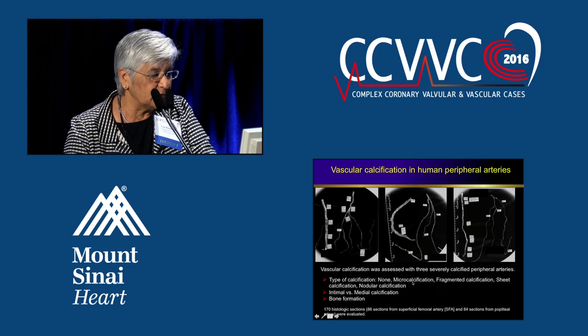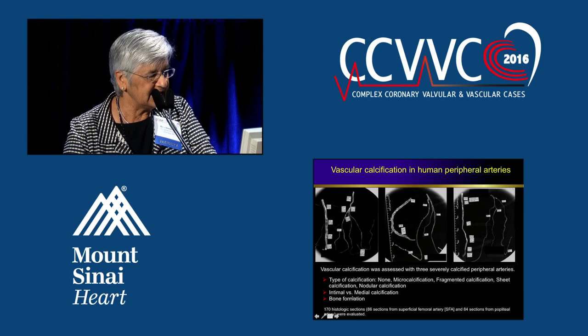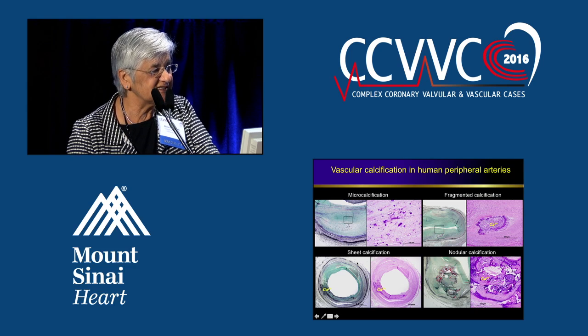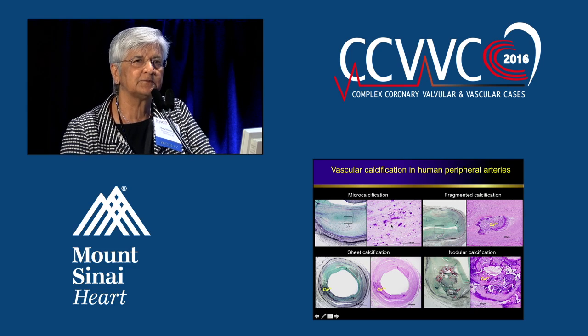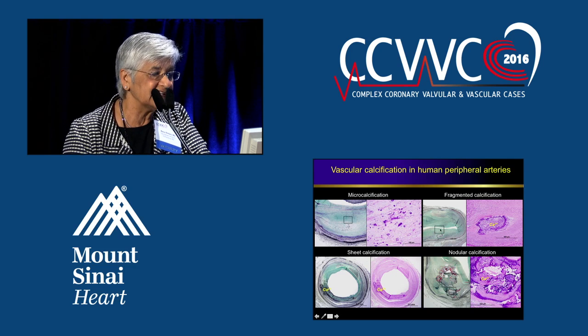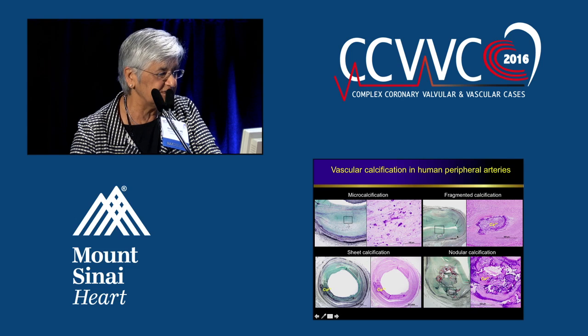We looked for microcalcification, fragmented calcification, sheets of calcium and nodular calcification, intimal and medial, and also looked for bone formation. So this is what we call microcalcification, which you cannot see by any of the means today, but we can see by histology. This is fragmented calcification, just one spot you can see.